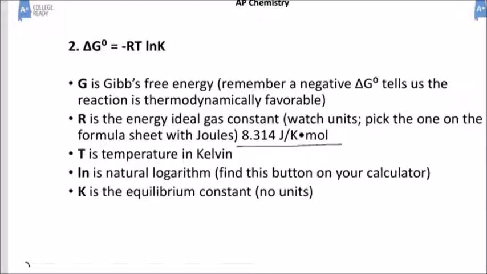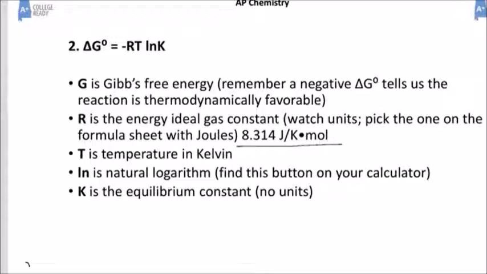On my calculator, it's right below the logarithm button. It says ln. And as a log is base 10, ln is not base 10. It's based on a slightly different number. And then K is the equilibrium constant, which again, as we said, has no units.